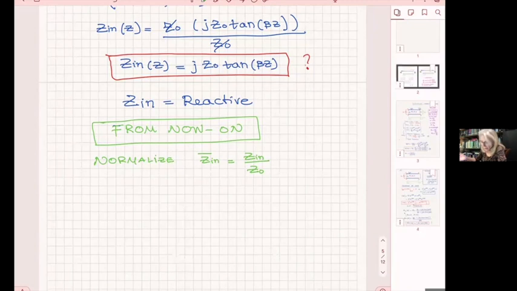Okay, so now we only have that, obviously, which means that there are two things that it implies. For the general case, Z input normalized is going to be ZL normalized plus J tangent of beta Z, over 1 plus J ZL normalized tangent of beta Z, which means that you have simplified your expressions.